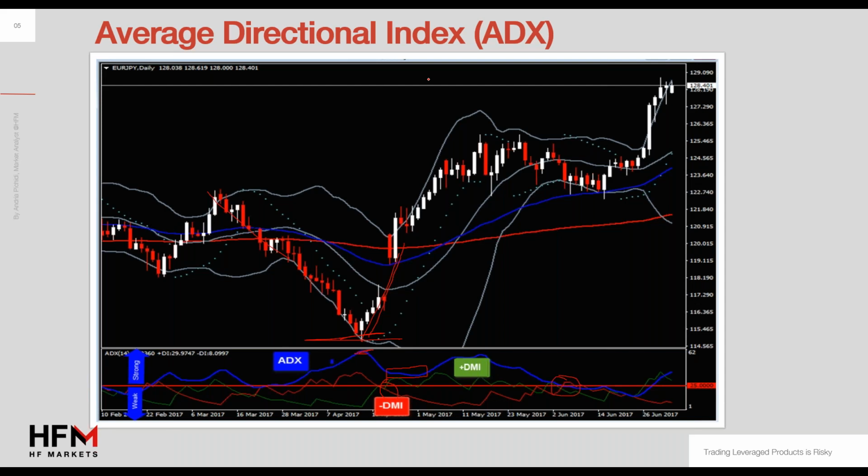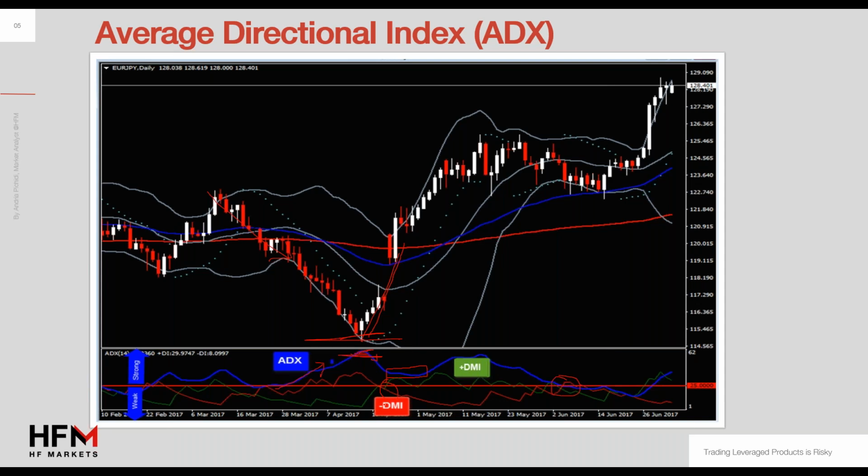So this example is a fairly good one for a downtrend reversing to an uptrend. You see, we were down, ADX was rising, so that means there was a strong downtrend. Our ADX was increasing and increasing until it peaked over here and started to slow down.